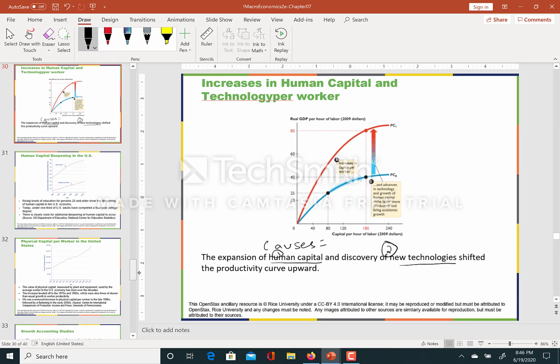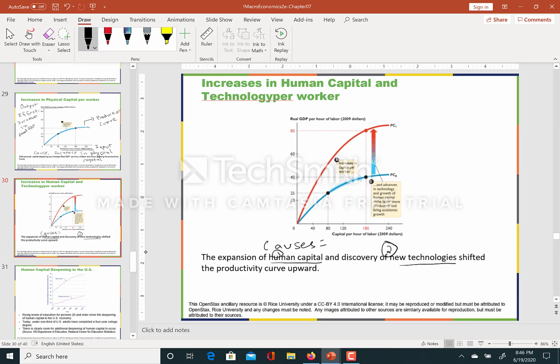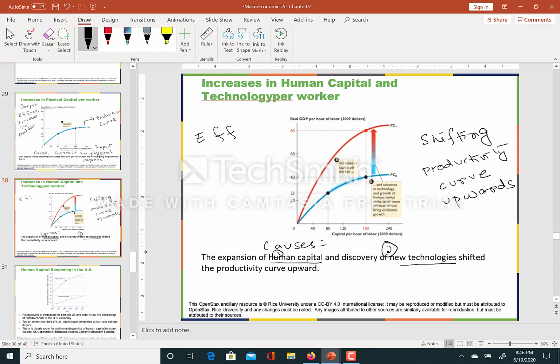And the way it is doing here is this is shifting the productivity curve upwards, and this is increasing the real GDP per hour of labor even more.